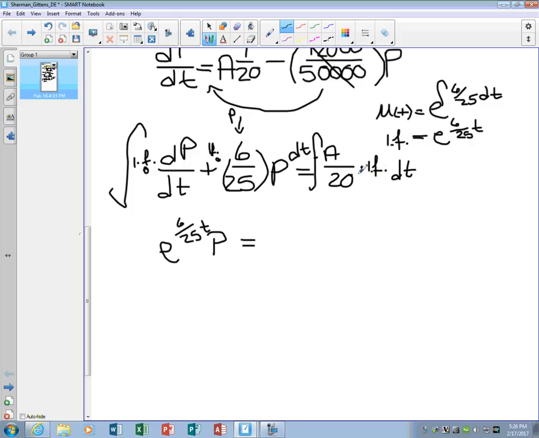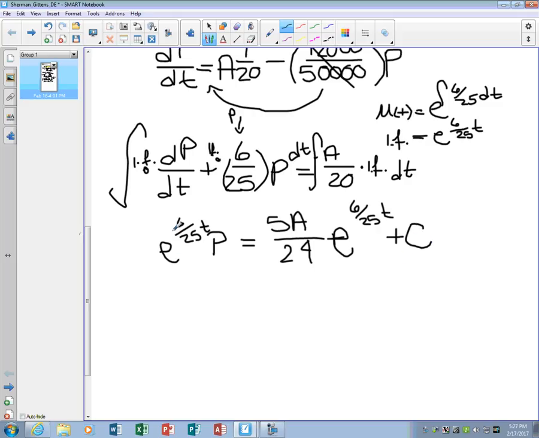So what we do is we'll multiply what's in the integrating factor up here, multiply the bottom, and then divide by the top, and we come out with 5a over 24 times e to the 6/25 t plus that magical constant.